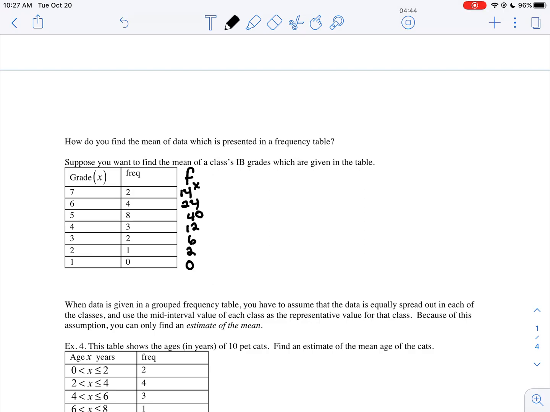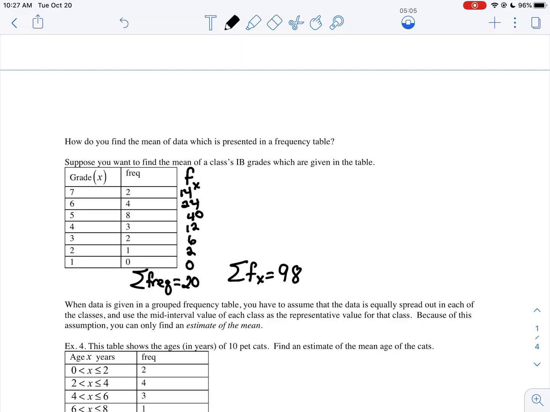The sum of your frequencies, okay, so you're going to add up your frequencies: 2 plus 4 plus 8 plus 3 plus 2 plus 1 plus 0. The sum of the frequencies is 20, and the sum of fx is 98.